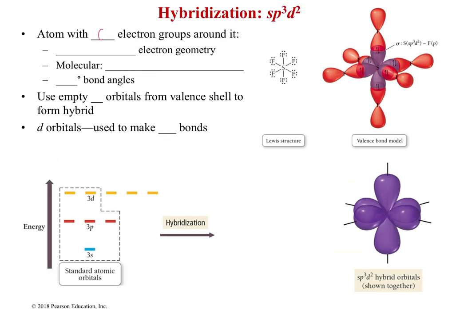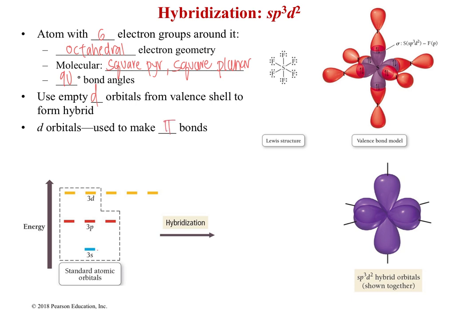Now with 6 electron groups, we know that as octahedral. Molecular geometries are square planar or square pyramidal. And those bond angles are 90 degrees. Again, we are going to use empty d orbitals to form the hybrid orbitals and extra d orbitals to make pi bonds.